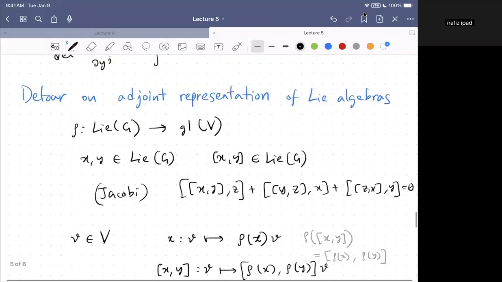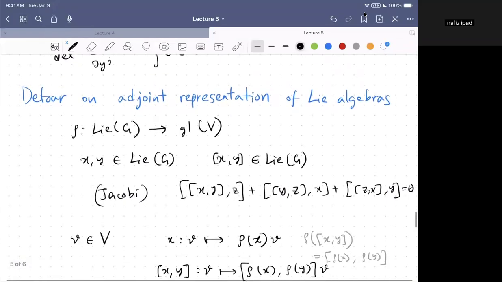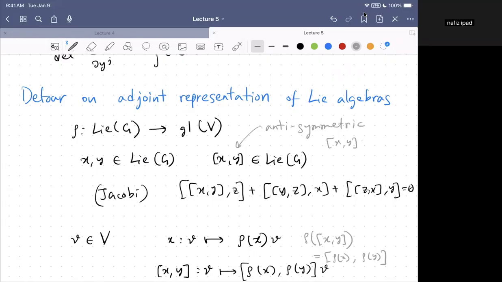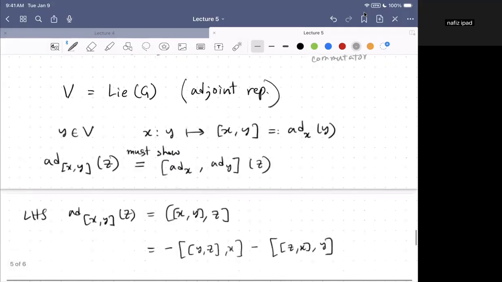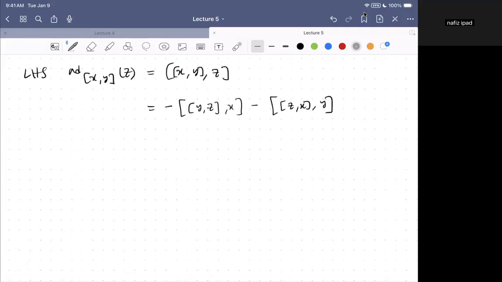Actually, maybe I forgot to say that there is a property of the Lie bracket: it has to be antisymmetric, meaning the bracket of x and y is minus the bracket of y and x. Let's use that here.